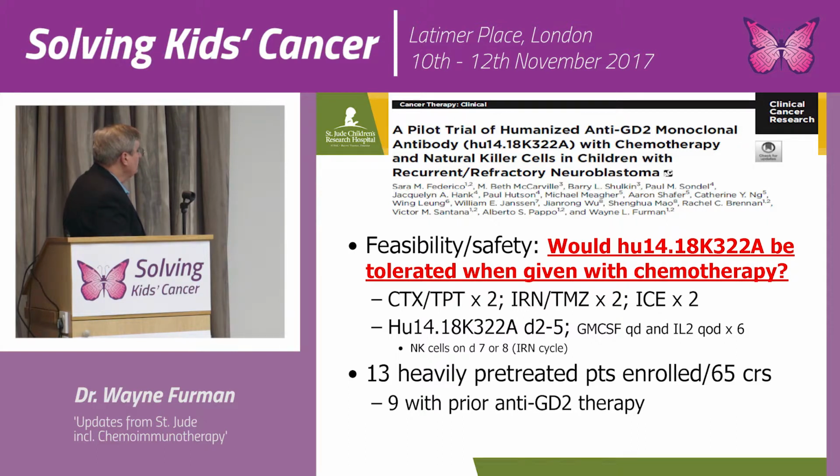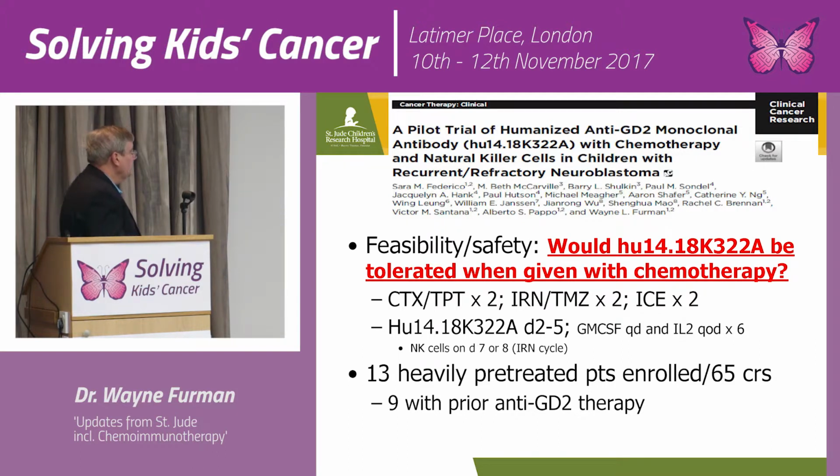And we started antibody on days 2 through 5. And I won't go through all the iterations of when this started, because there's quite a bit of work and discussion that took. And then we followed the chemotherapy instead of G-CSF with GM-CSF, hoping that it would improve ADCC and also prophylax against febrile neutropenia.